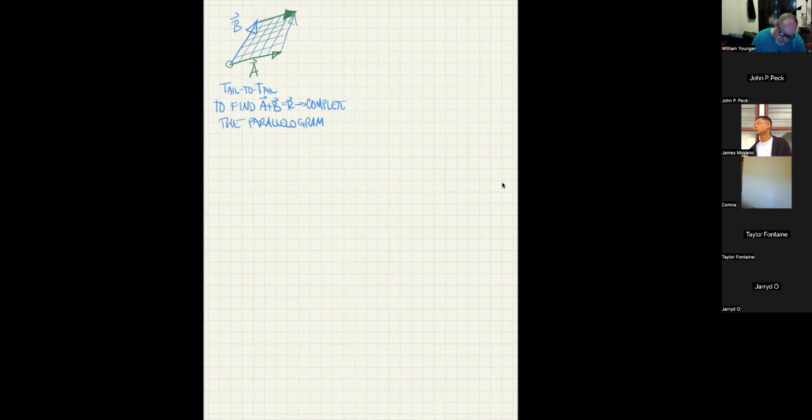So now the vector turns out to be from the common tail to the diametrically opposed corner. So this vector is A plus B is equal to R. So tail to tail, complete the parallelogram.